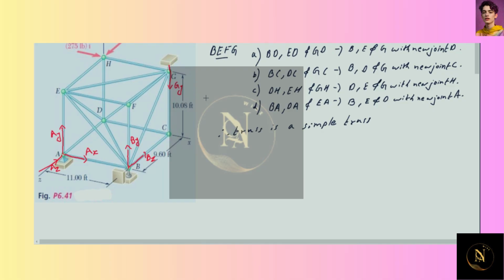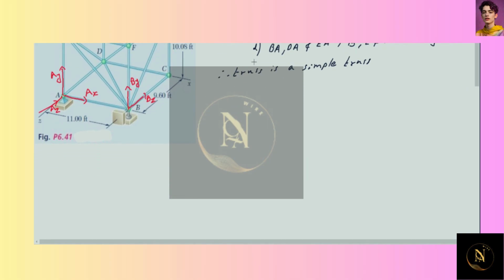We can determine the 6 unknown reactions by applying equilibrium of moments about member AB and joint G. Therefore, the truss is completely constrained and its reactions are statically determinate. First, to determine the forces of the 6 members joined at E, we need to determine the reactions of the entire truss.